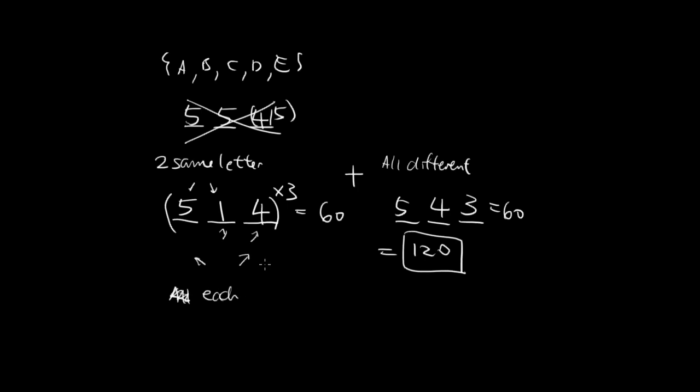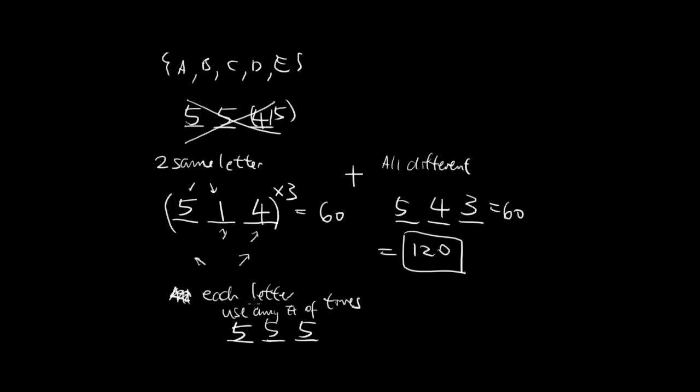So let's say each letter can be used 3 times, so each letter can be used any number of times. When that's the case, we're going to have 5, 5, and 5, because there is no restriction. Each of the 5 letters can be in each of the 3 slots.